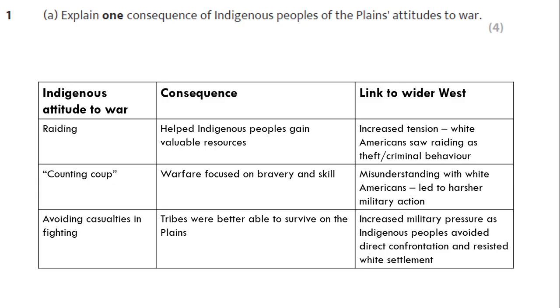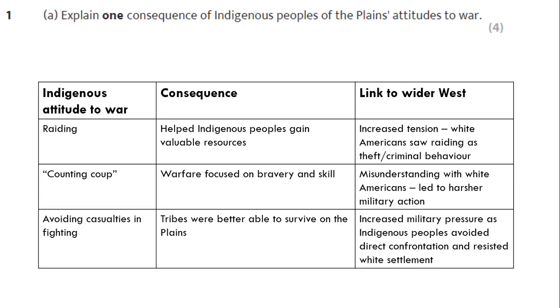So there are 3 attitudes to war you need to know about in terms of Indigenous peoples' attitudes. The first of these is the attitude that raiding is important for war. For Indigenous peoples, raiding helps them gain valuable resources, especially horses. Many tribes think that horses have more value than people. We then have counting coup.